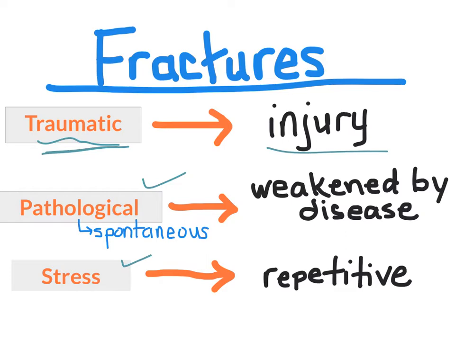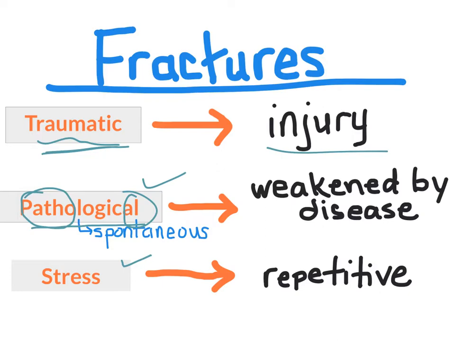A pathological fracture, on the other hand, is caused by an underlying disease, right? Pertaining to, we know patho means disease. The bones have been weakened by some sort of disease, such as osteoporosis or even cancer.